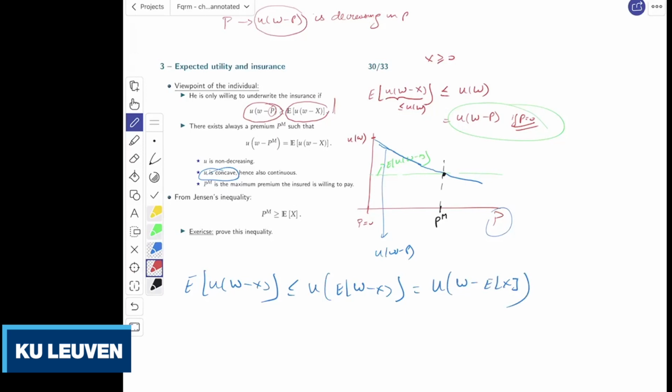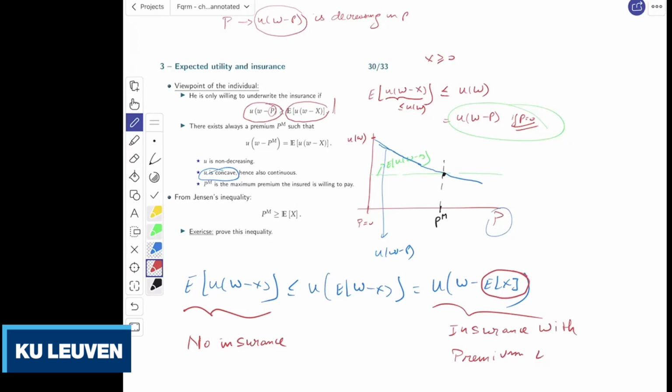All right, so what we see is that this is the situation where you take no insurance. This here is a situation where you are taking insurance with premium expectation of X. So you are swapping your risk X and you're paying the expectation, your expected loss.